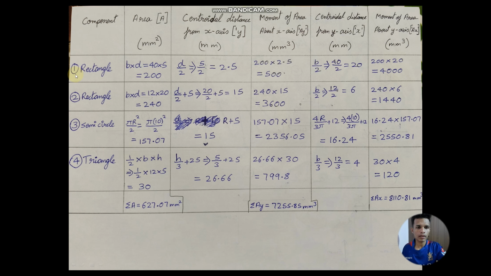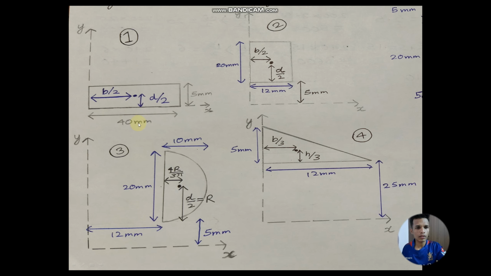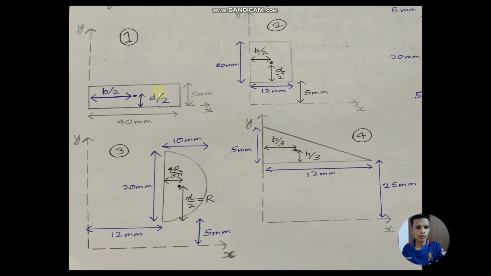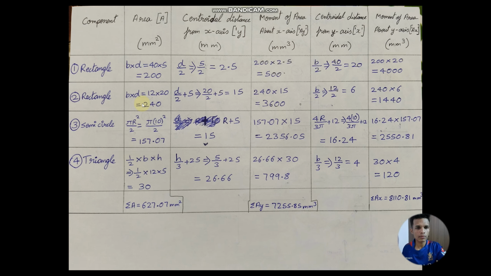First, we'll take the rectangle. The component is rectangle. As we all know, the area of a rectangle is b into d, which is nothing but 40 into 5. So 40 into 5 we get as 200. Centroid distance from the x-axis is d by 2.